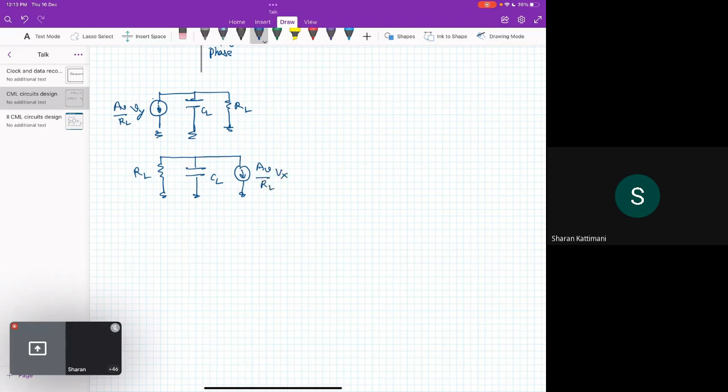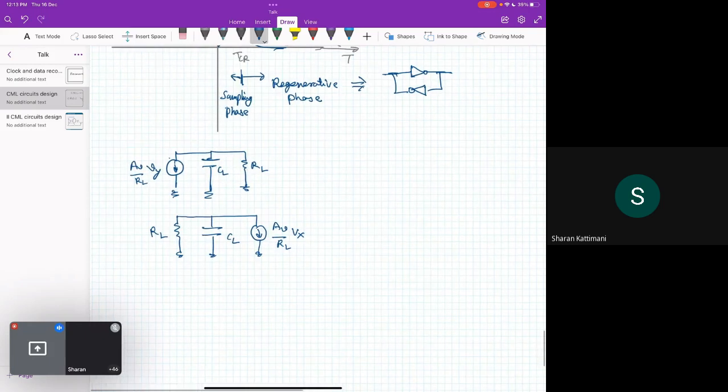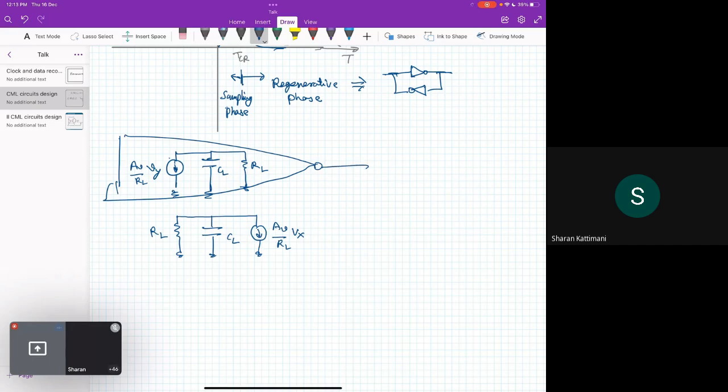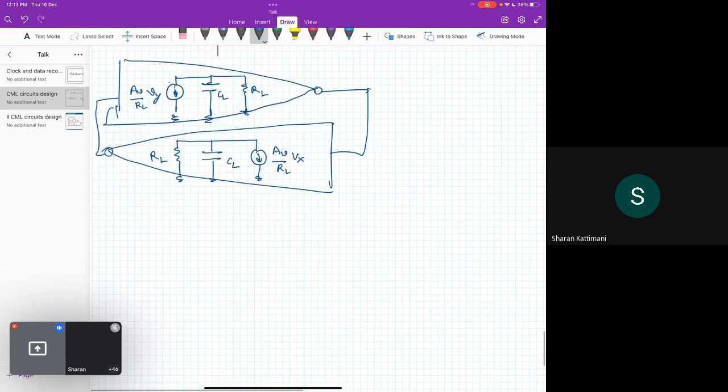Vx. Okay, so you can say this is one inverter and this is another inverter, and it is connected in back-to-back fashion. Okay, so this is the simplified version.